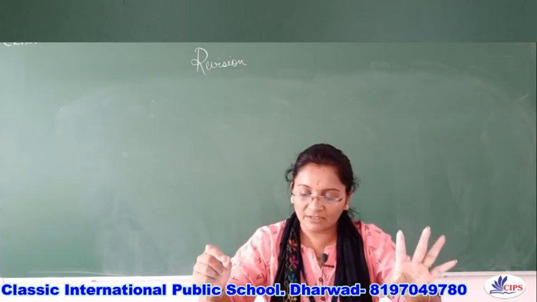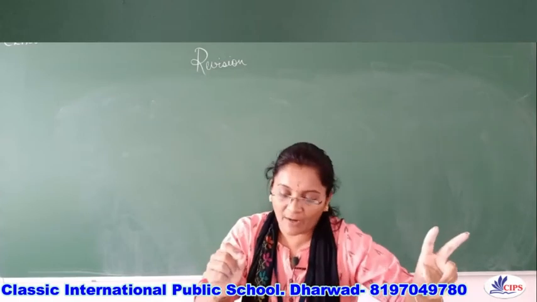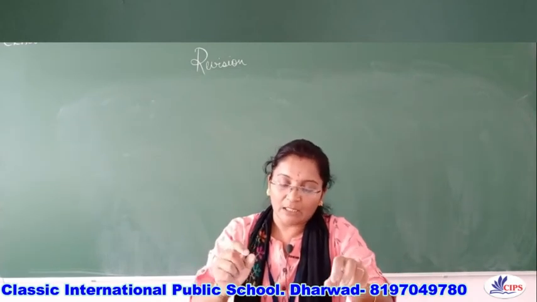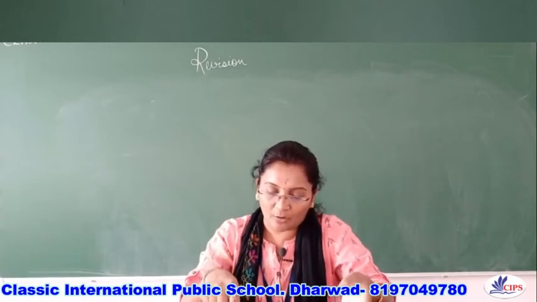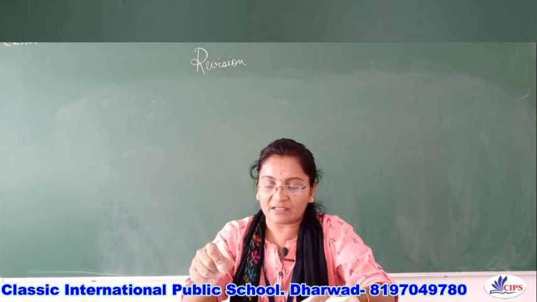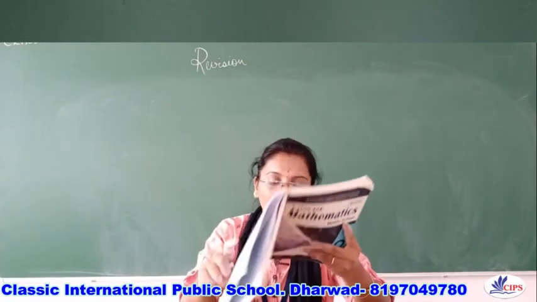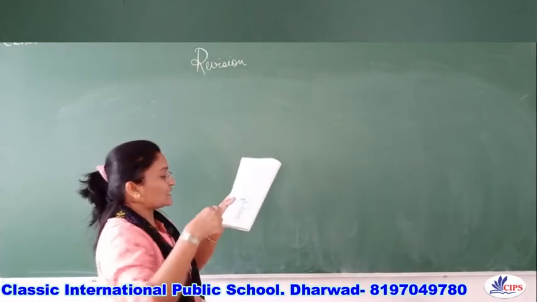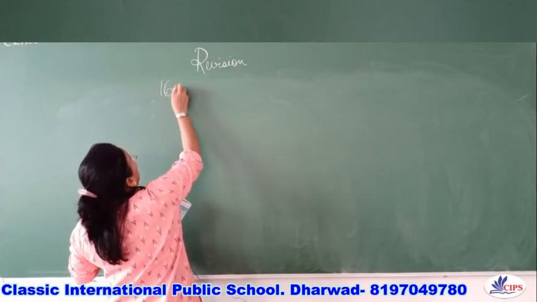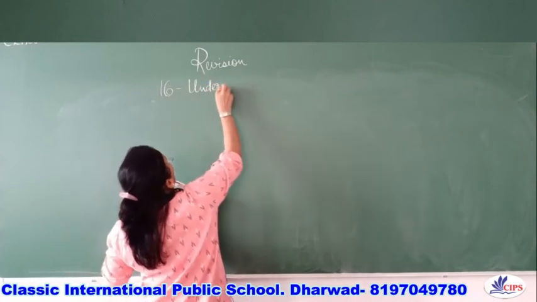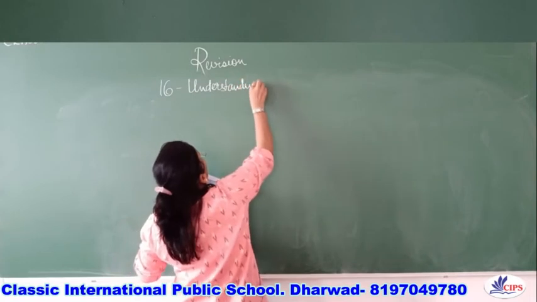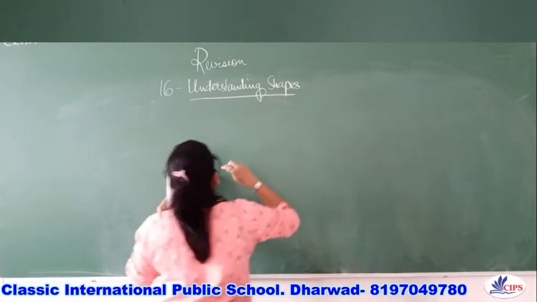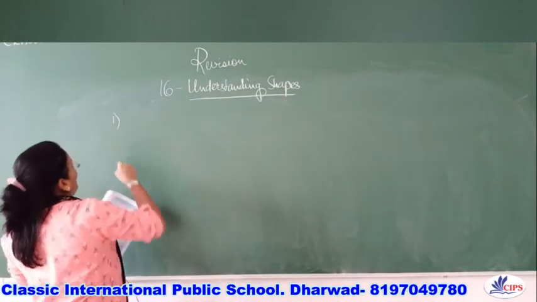Let us take from exercise 16a, the third main. One sum I will take. Find the number of sides in a polygon if the sum of its interior angles is 900. So this is the first sum in this chapter.